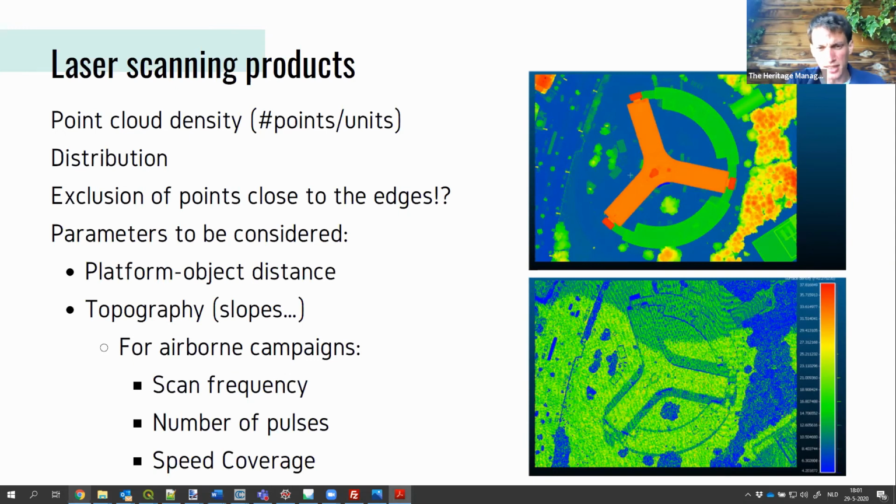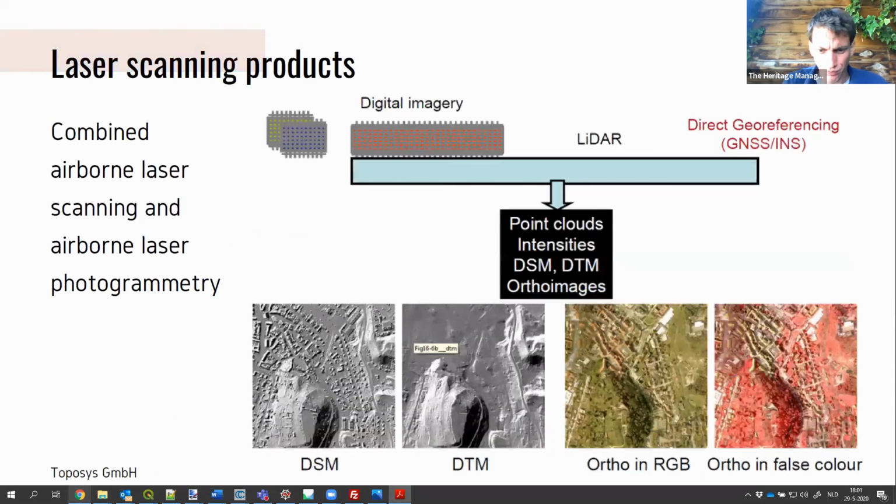We didn't explicitly cover that in the photogrammetry part, but definitely here it's very important to use point density because it will allow you also to define the feasible resolution of your digital elevation map. It will tell you something about the distribution of your points. And of course, we also have to consider here the different topographic parameters and the distance between the platform and the object itself.